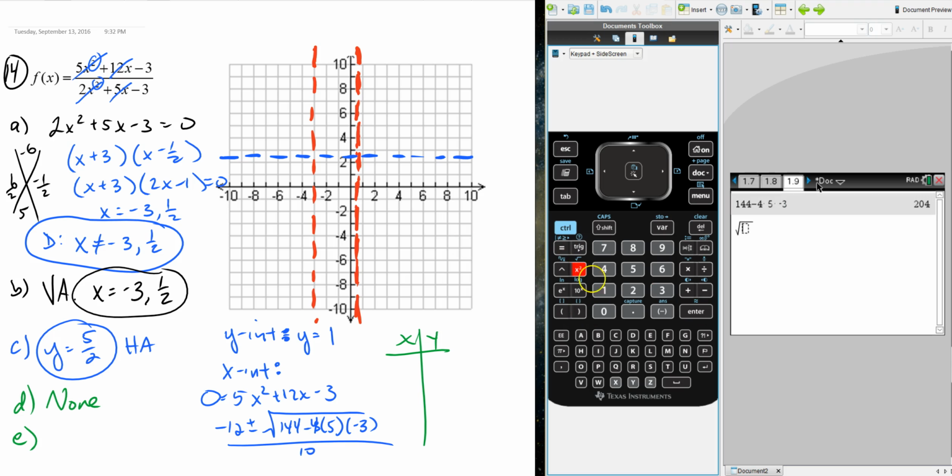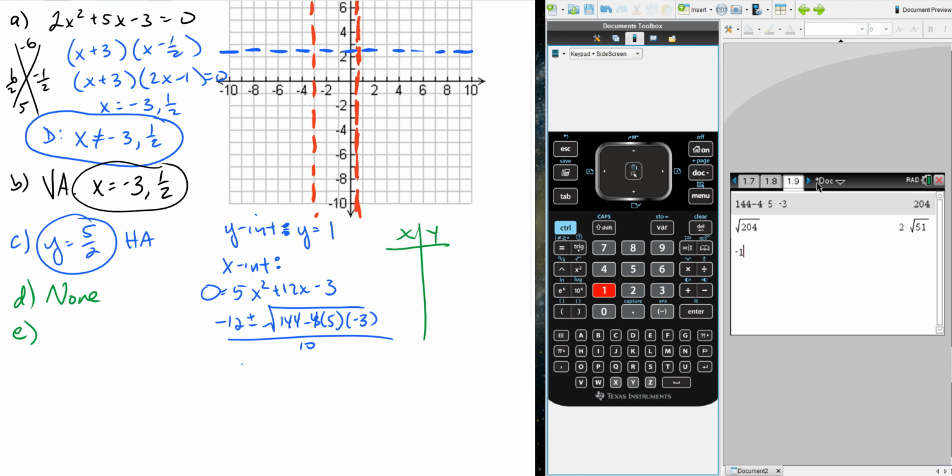I'm going to take the square root of that. And then I've got -12. So I end up with x equals -12 plus or minus 2 square root of 51 all over 10, which is -6 plus or minus the square root of 51 over 5.